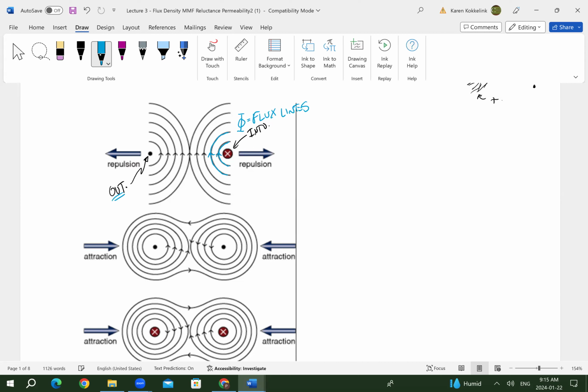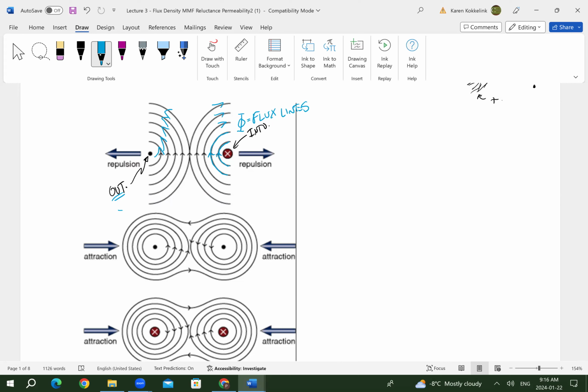So I have my thumb up, saying out of the page, my thumb is facing up to the sky, and my fingers are turning around, showing me the direction of this magnetic flux, because one of our principles of magnetism is that magnetic field lines have a direction.